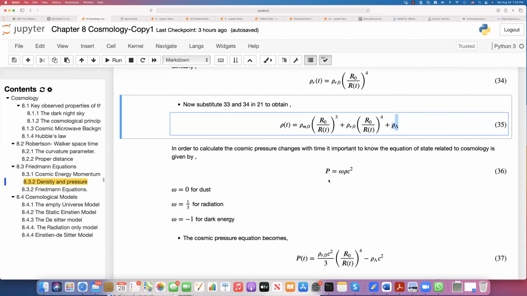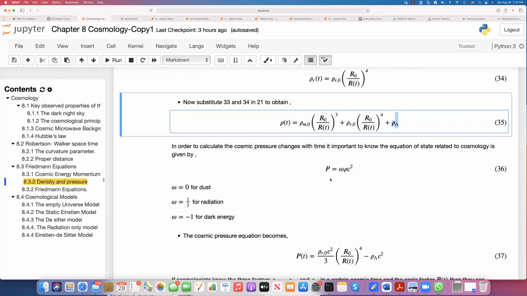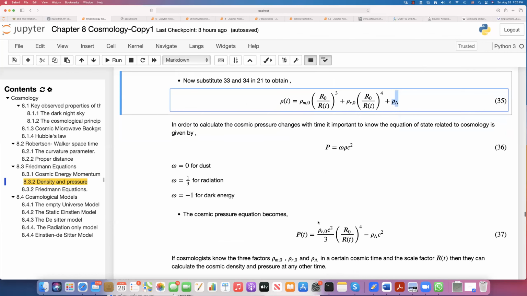And if you take all these three components, then your cosmic pressure equation will become as follows. The matter part will go away, because we know that when omega equals 0, it is dust, so the pressure will be equal to 0. Then you can write the radiation part plus the dark energy term, right?